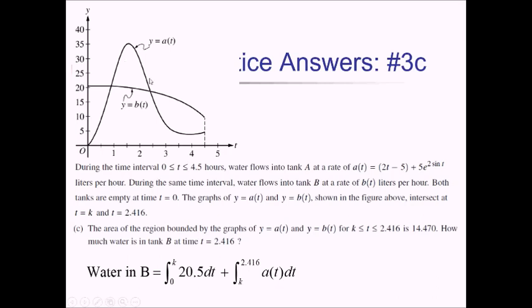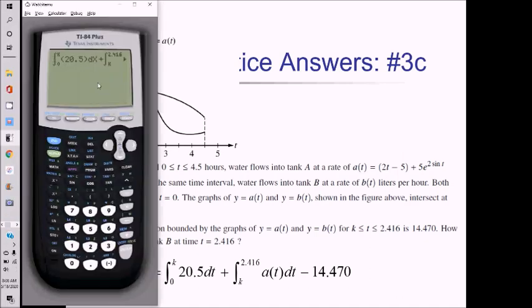But because that's more than I really wanted, I don't want this area that's bounded between them here, I'm going to turn around and subtract this excess area of 14.470. So if I take the area under A and subtract this area, then on this stretch I'm just going to end up with the area under B between k and 2.416. So let me do all this on the calculator now.